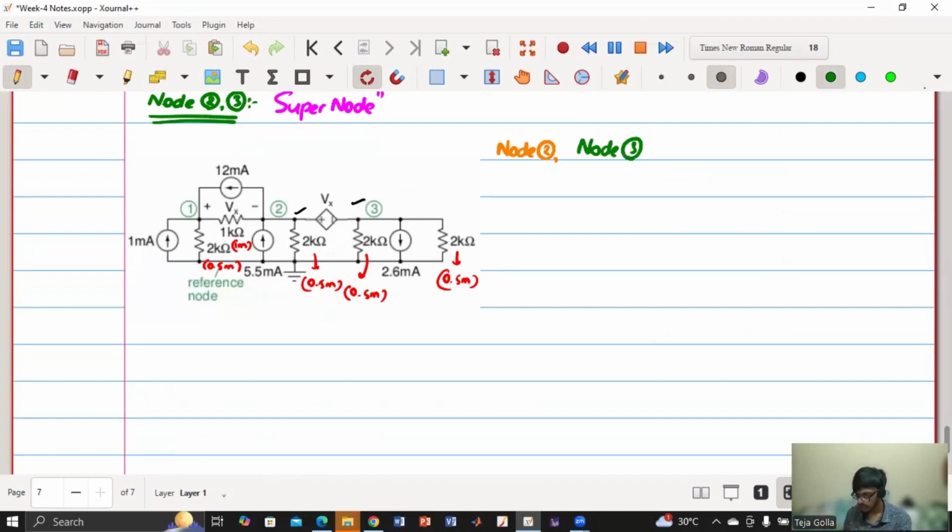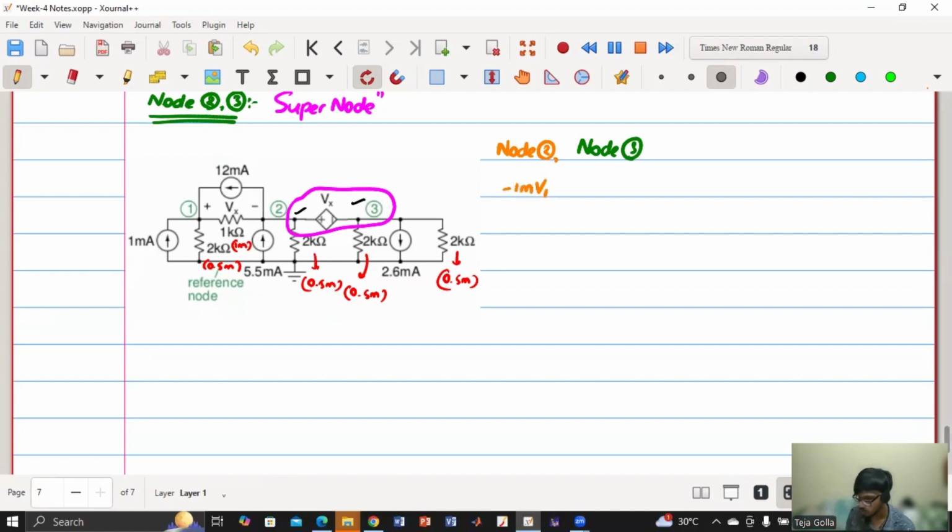First we'll write node 2, which is A21, A22 and A23. So what is A21? Minus 1 milli into V1.